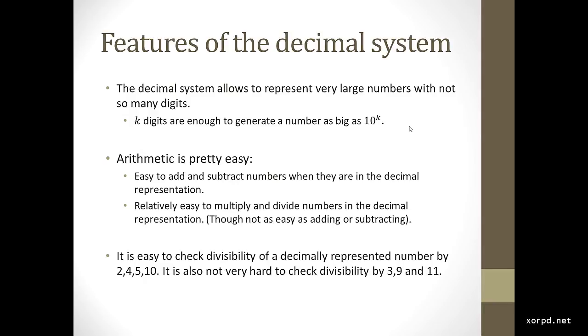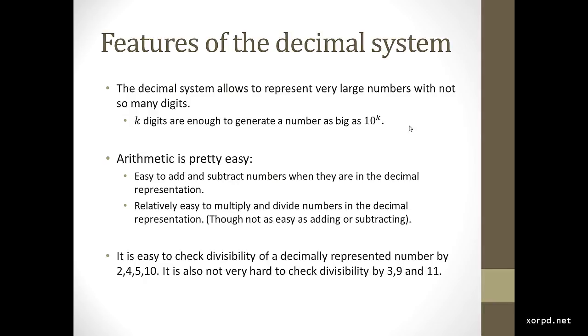Arithmetic in the decimal system is pretty easy. We already learned at school how to add and subtract numbers in the decimal representation. It is also pretty easy to multiply and divide numbers in this representation, though not as easy as addition and subtraction.